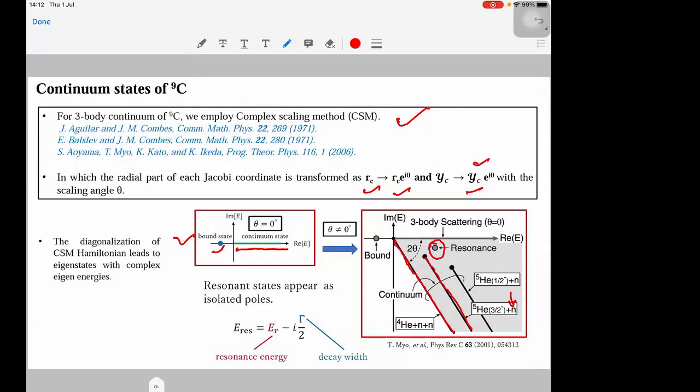I can explain this in detail when I show the results of the 9carbon continuum. So these resonant states are well isolated from the much denser continuum states. The real and imaginary parts of the eigenenergy represent the resonance energy and half of the decay width, respectively.